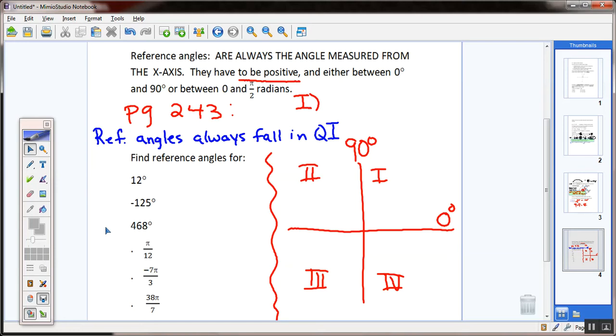It just says your angle is already known when you're already in quadrant 1. So in quadrant 1, your angle stays the same. Okay? Your angle is always going to stay the same. Now I want you to be careful on this because I'll show you some examples here, but your angle will stay the same if it falls in quadrant 1. But keep in mind, your answer has to be between what and what? 90 and 0 degrees, or 0 and pi over 2 radians. Okay.